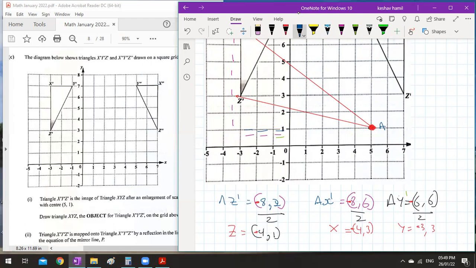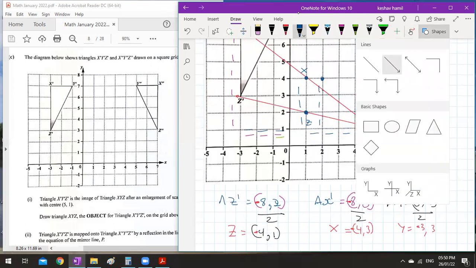From A, we're going left 4, 1, 2, 3, 4, and up 1. So that'll give us this point here. So this will be Z. From X, we're going again 4, 1, 2, 3, 4, and then up 3. So 1, 2, 3. That's this point here. So this will give us the X value. And Y, -3. So we're going 1, 2, 3, and up 3. Right, so that would be a triangle there.